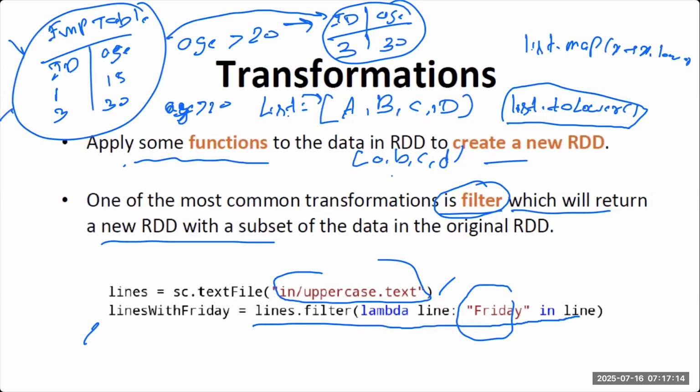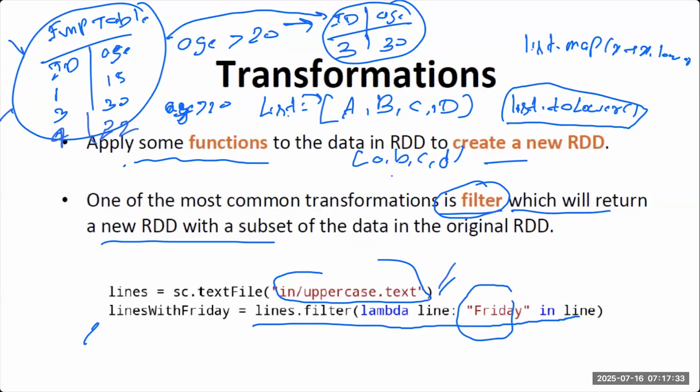Let's suppose our upper.txt has this data. Once you read it, let's suppose I filtered. Let's add one more record here, 4, and give it age 22.